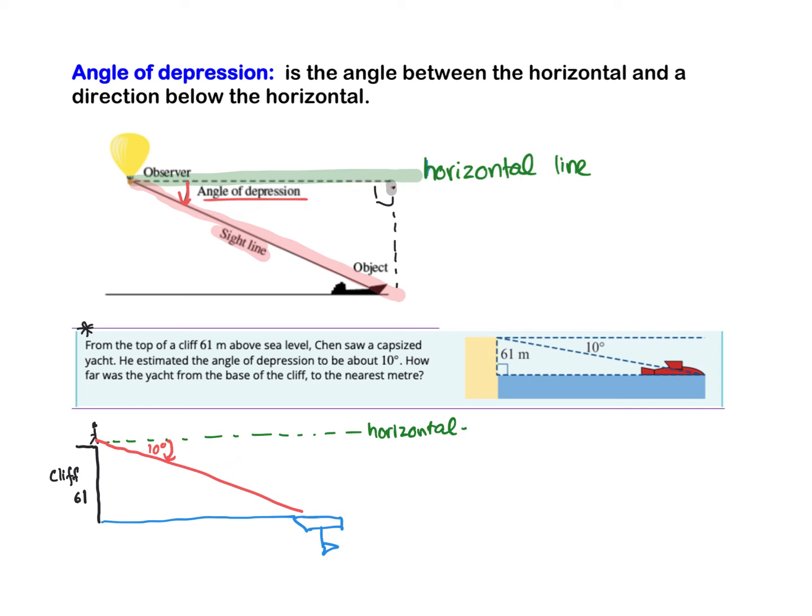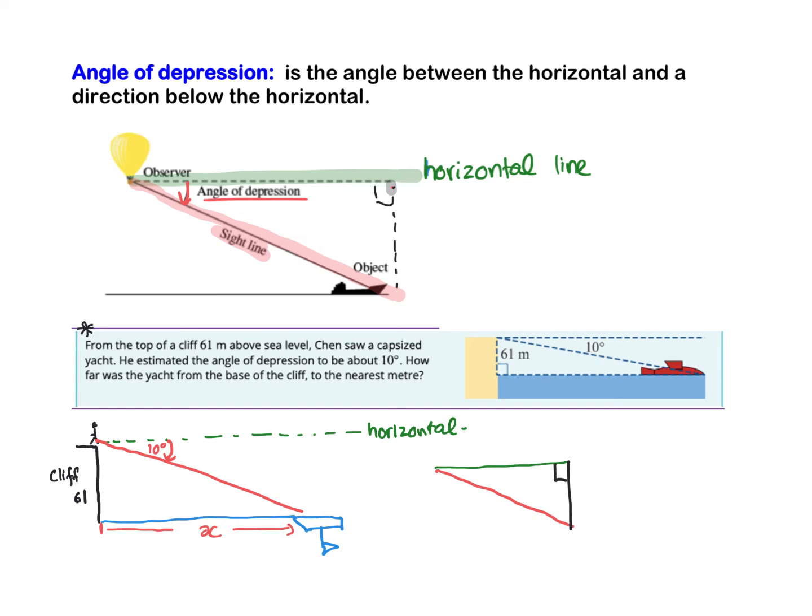Then they ask how far the yacht is from the base of the cliff. So they pretty much want this distance here as the answer. If you look, I could use this triangle up the top, so I'm going to do it like that.